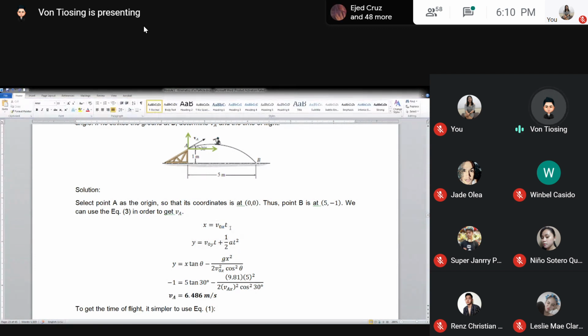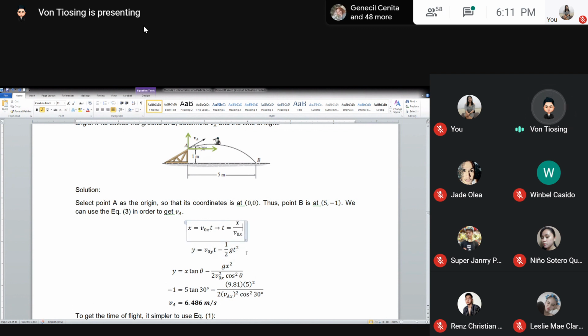Okay. But since, sabi ko nga kanina, ang effect ng gravity ay negative dahil pababa siya. So, a will be equal to negative g. So, this will become minus g t squared. Okay? Coming from here, sa isang equation na to, t will be equal to what? x divided by v naught x, no?